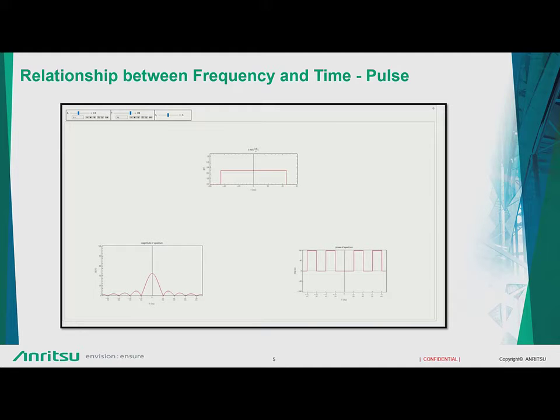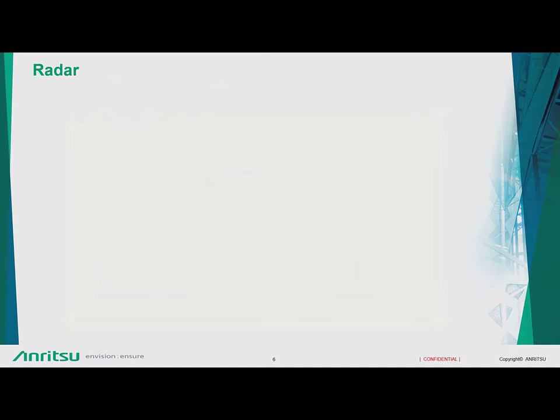As far as measurement is concerned, these things should be kept in mind, because this plays a very important role when you are trying to characterize a particular pulse. To put it briefly: the shorter the pulse width, the higher the spectrum content, and the wider the pulse width, the lesser the spectrum content.